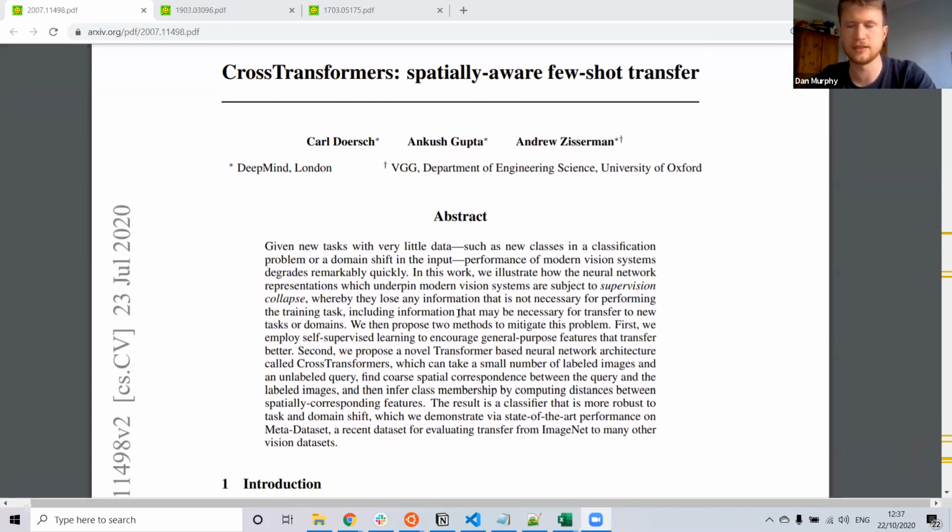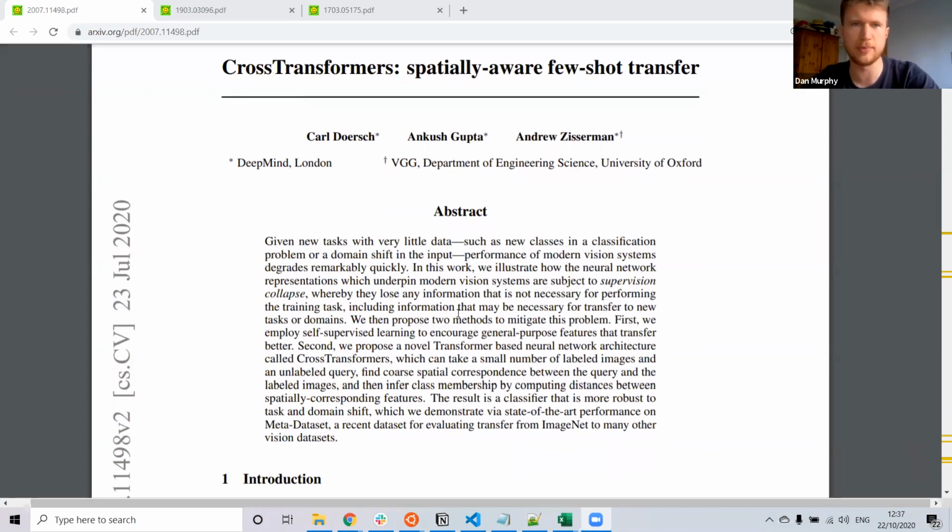Yeah, so hi, everyone. I'm going to be talking about this paper that Carlos has just introduced, cross transformers, which is an accepted paper for, I think, NeurIPS 2020. As Carlos says, it's quite an interesting paper about a problem with classic image classification, which is that it struggles to generalize to new problems and new situations.